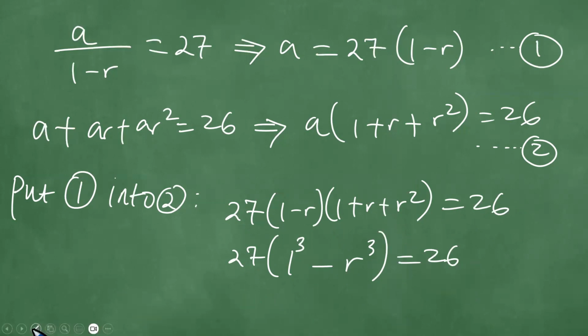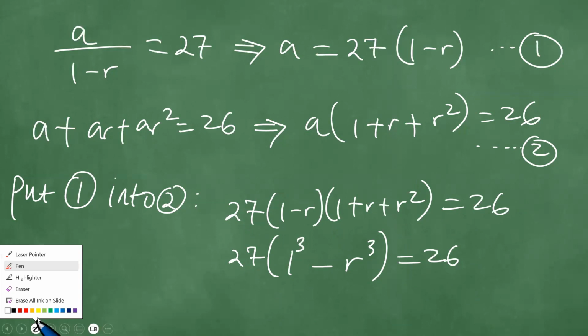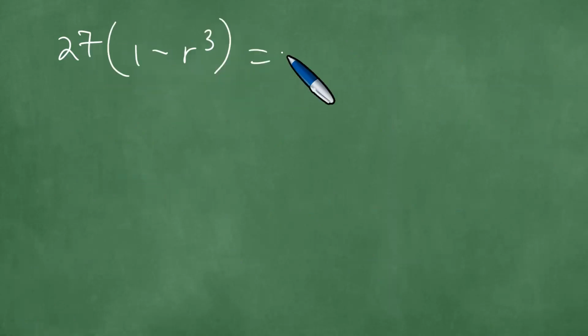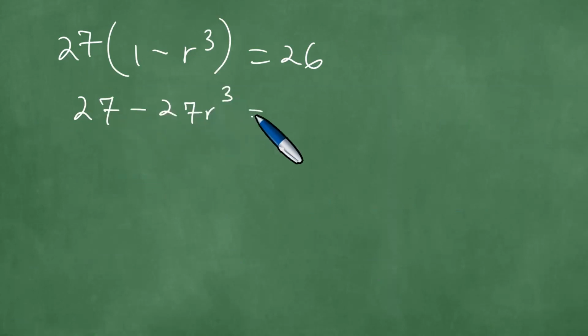So now this means you have the following. That's 27 into 1 minus R cubed is 26. You can distribute and have 27 minus 27 R cubed equals 26.